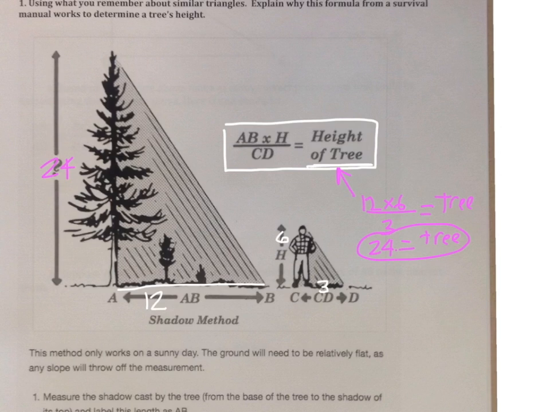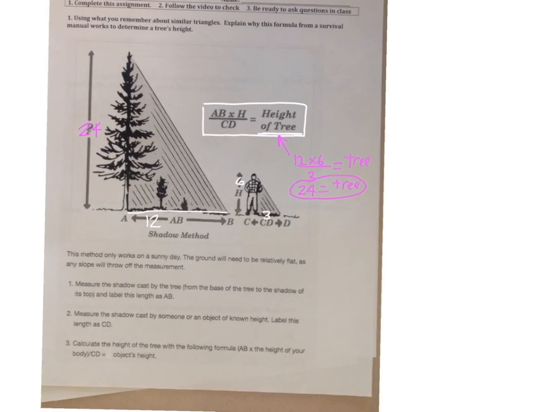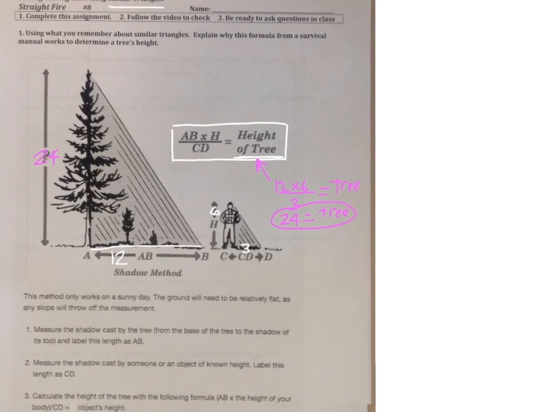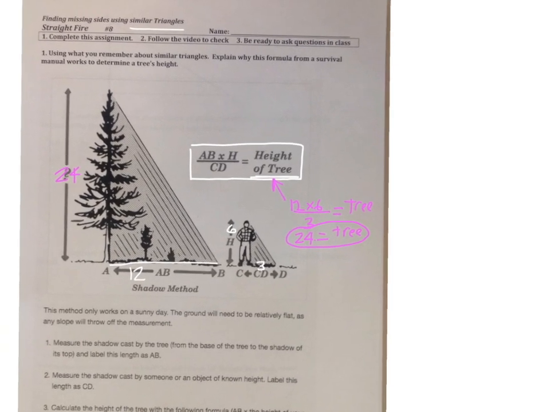So you've probably seen some work with similar triangles already, in my class especially. Thinking about how this actually does work is thinking about the proportions involved. So these two triangles are similar to each other. They have the same shape.